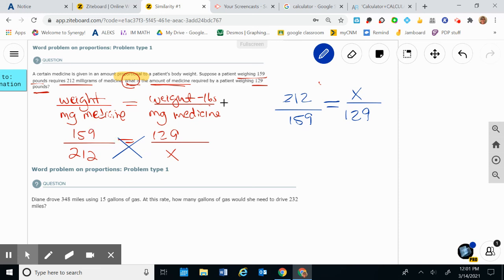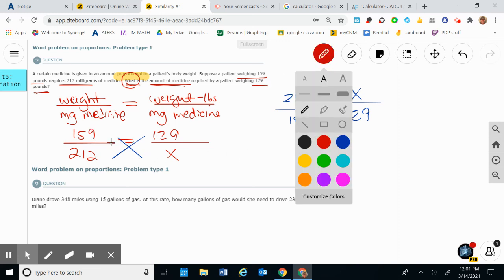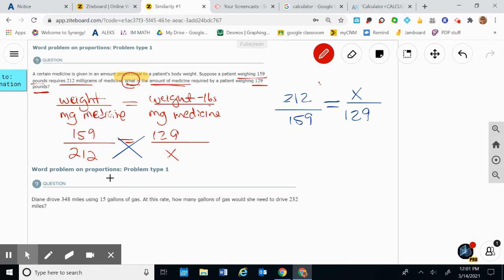In this case, we get 159x equals 212 times 129. Obviously, you would just do that in your calculator.